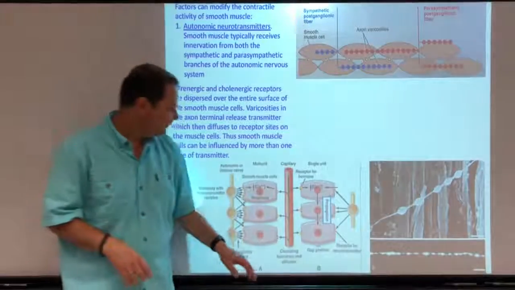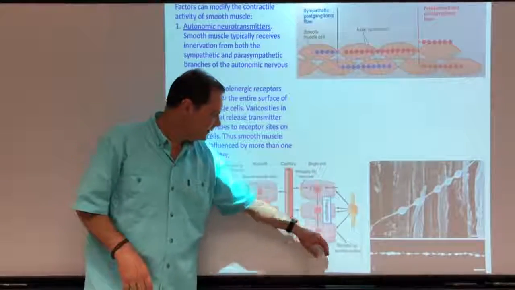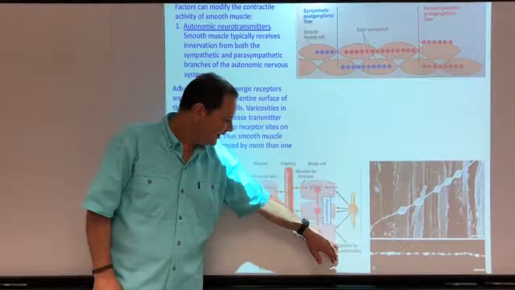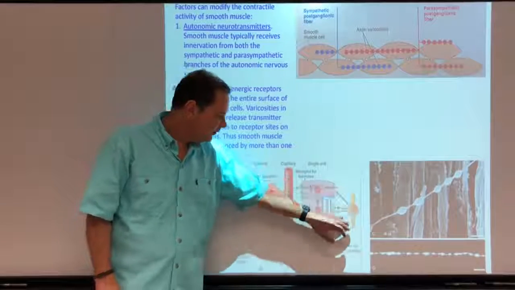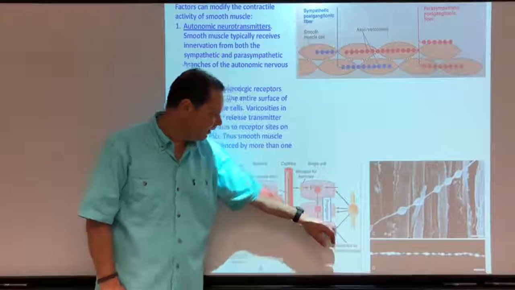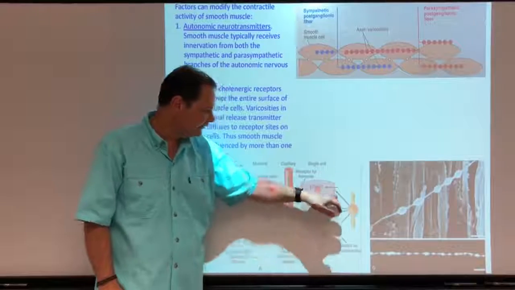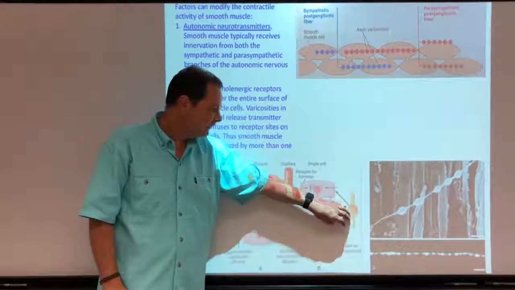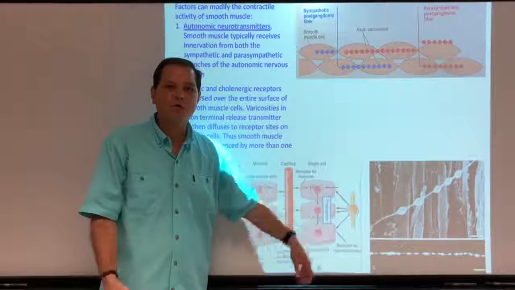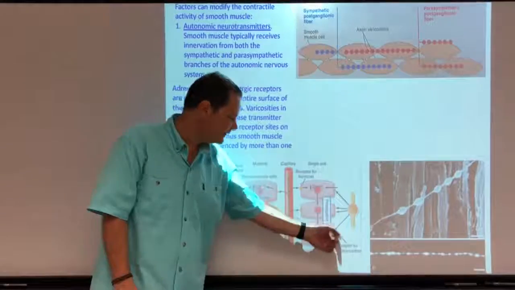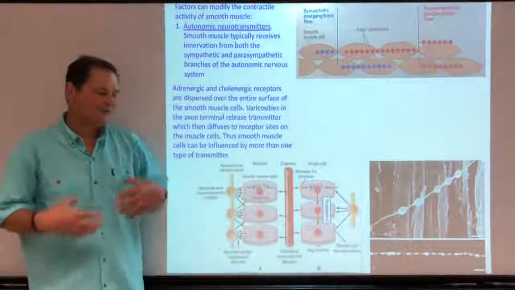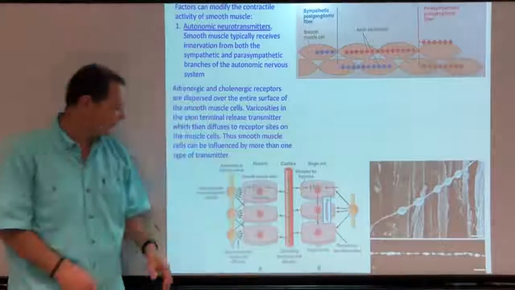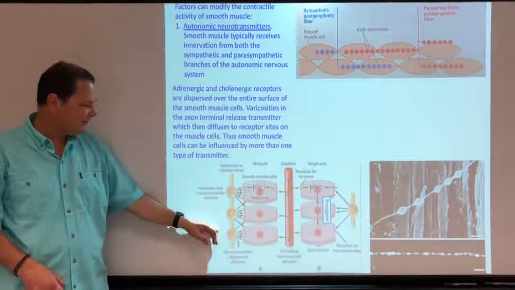You will note for single unit, we have one varicosity here, and note that our neurotransmitter is diffusing all over through multiple cells and multiple sections. And so it's almost like a local hormonal release more than anything else, where you've got the channels, or the receptors, distributed all over the place. The multi-unit is kind of the same way.